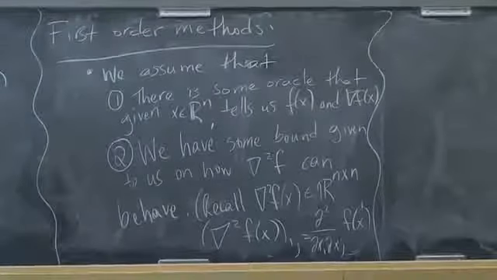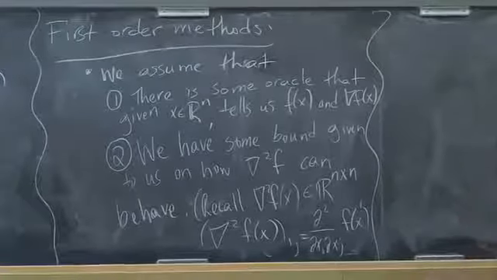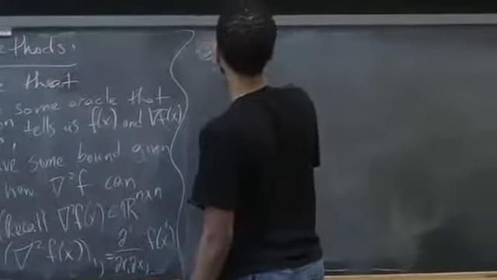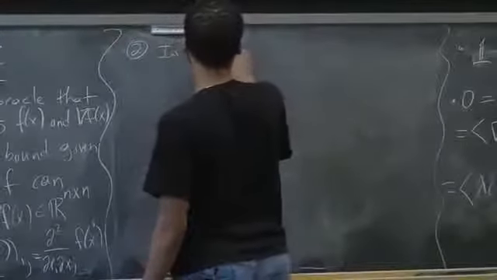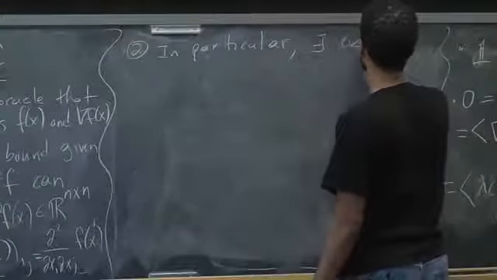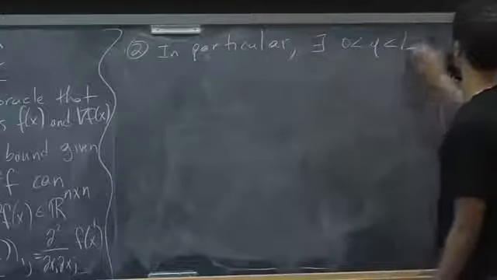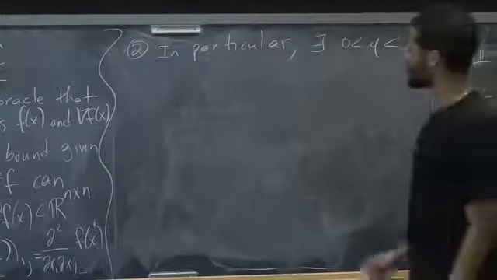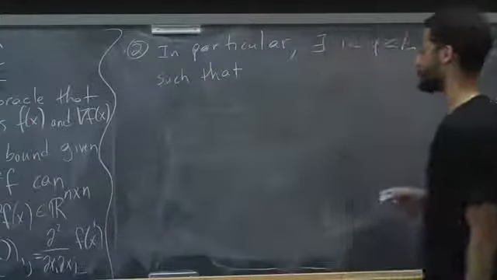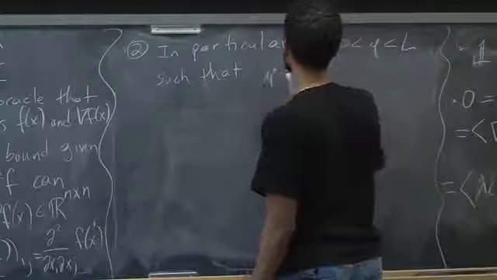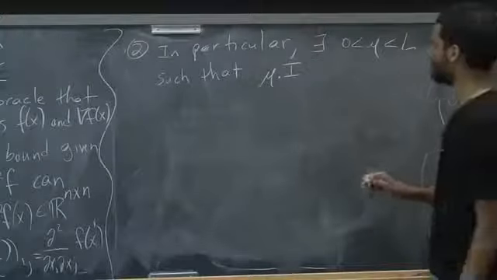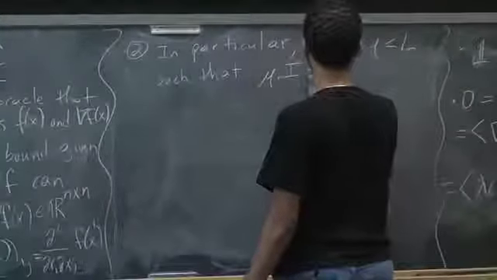And what I mean by how it can behave is, back to 2, in particular, there exists, let's say, 0 less than mu less than L, such that mu times the identity is at most the Hessian, which is at most L times the identity, for all x in Rn.